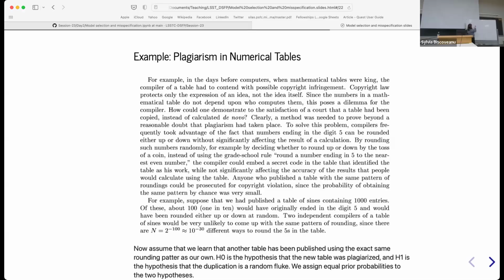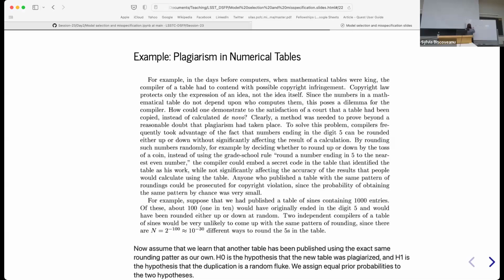So the number of unique ways to round this particular table is just 2 to the 100, which is approximately 10 to the 30. So we were talking yesterday in the context of binomial distributions about combinations. This is just a permutation because now we care about the order in the table for each choice that we make. Okay, and so we have 2 hypotheses.